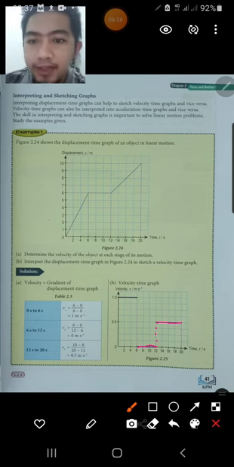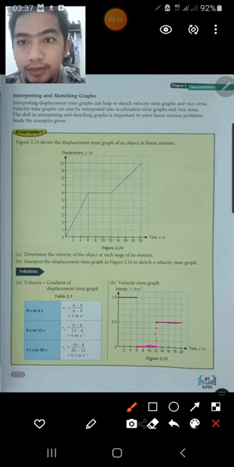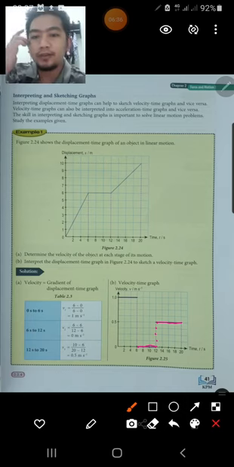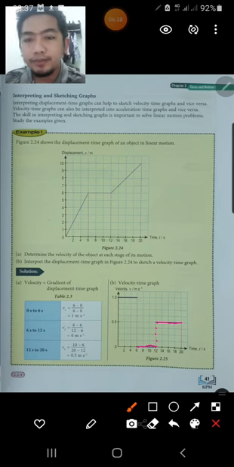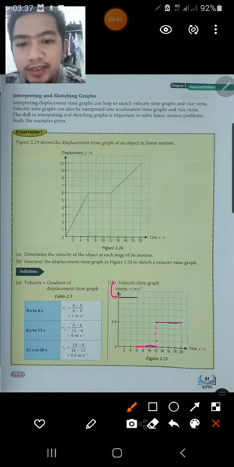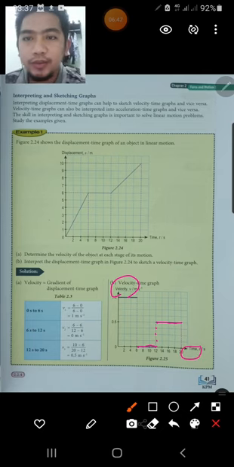So you have successfully converted from the displacement time graph to the velocity time graph. Actually it is easy, but if you do not know how to find the velocity, you cannot interpret, so there is a problem. And if you plot the y-axis wrongly, then it is wrong. It means you are not yet skilled at interpreting. This is very important.